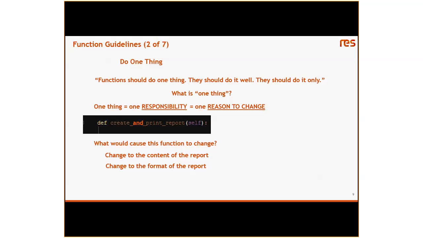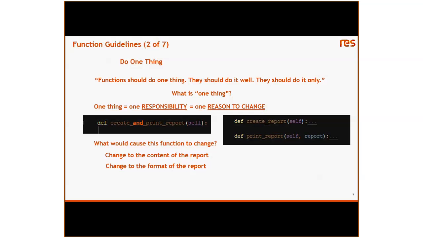But if you have something that you think has more than one responsibility, the way of getting around that problem is to refactor it into two separate functions. What we've done here is we've got create report, which can change because we want the content of the report to change, and then we've got print report, a separate function that may change if we want the format to change.